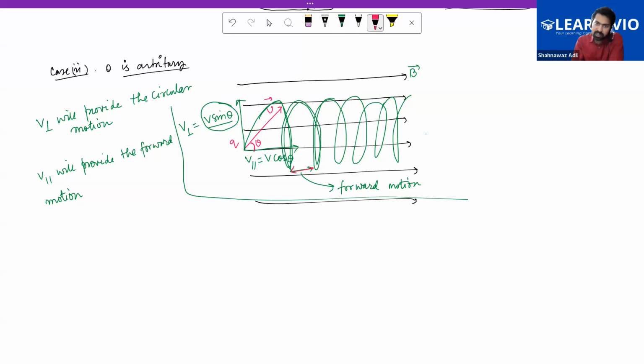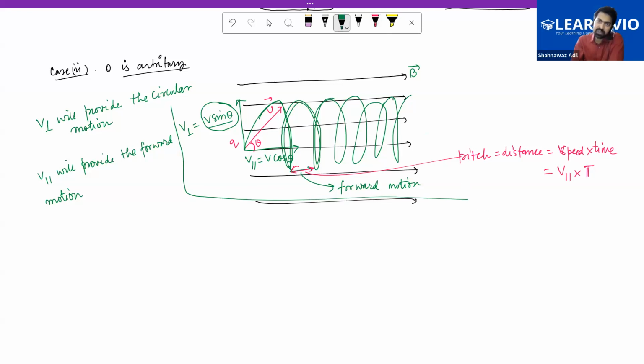This distance is what we call pitch, and it is equal to velocity into time, or speed into time. We know the speed in this direction is v parallel, and the time is the time of one revolution.